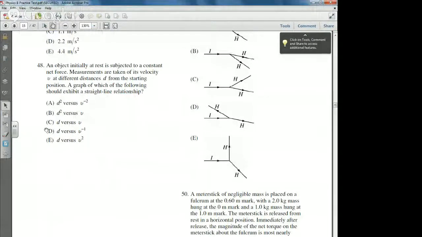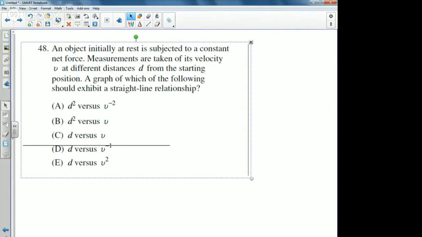An object initially at rest. They're asking us which one will exhibit a straight line relationship. This is actually what we did at the very beginning of the year when we talked about linearization. To make this a little easier, all you really have to do is look at the formula. What is the formula that relates speed and distance of something that's accelerating? v squared equals v naught squared, which crosses out because it's at rest, equals 2ad, or in this case, x minus x naught.